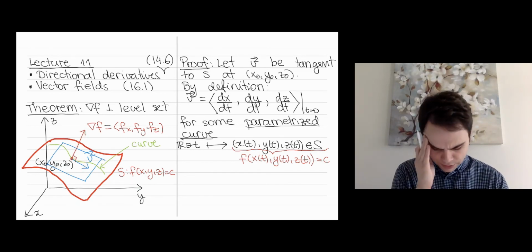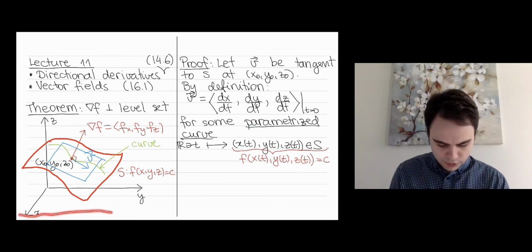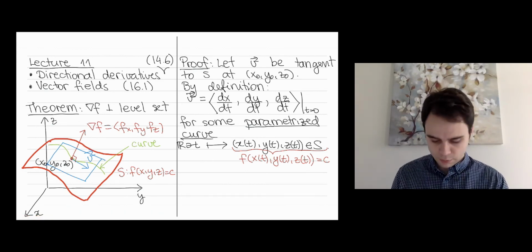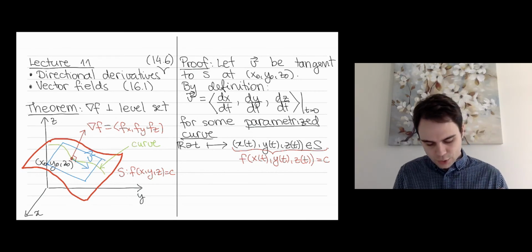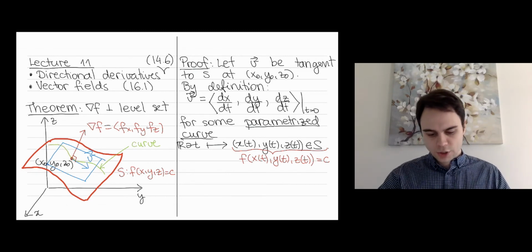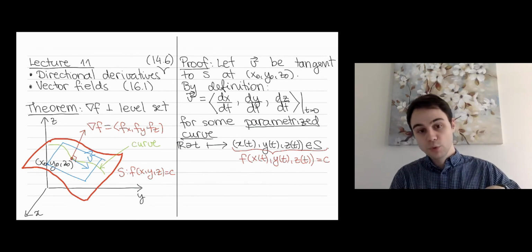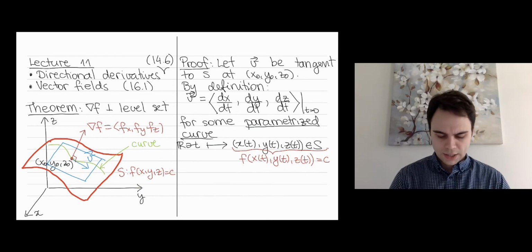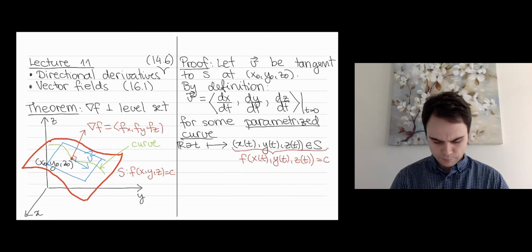Now, if you think about this, this is certainly compatible with the theorem from the beginning of the lecture, because that theorem was telling me that if I move inside a level surface, for a vector tangent, so the level surface is a set of points where the value of f does not change. So if I move in a direction tangent to the level surface, the derivative won't change.